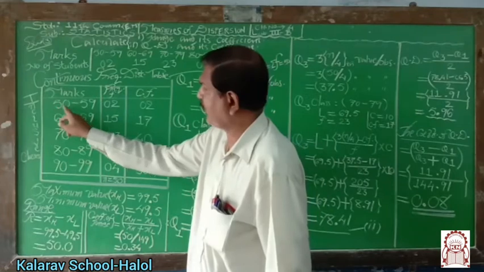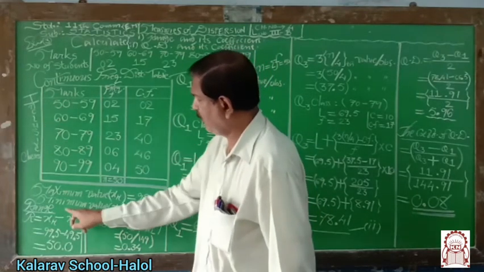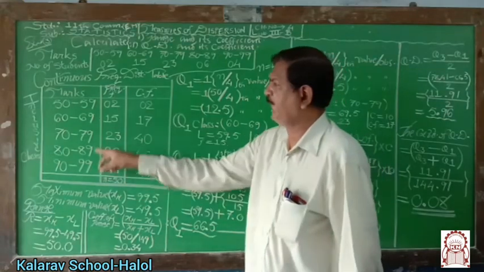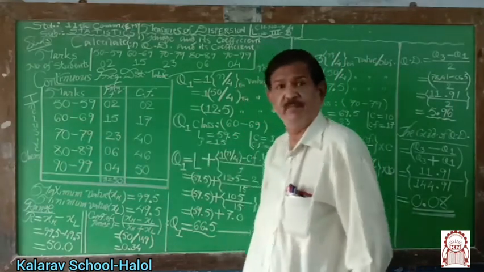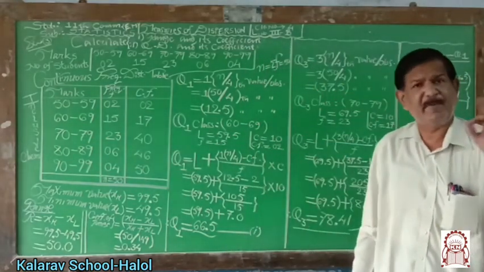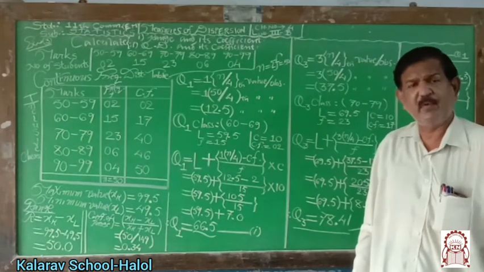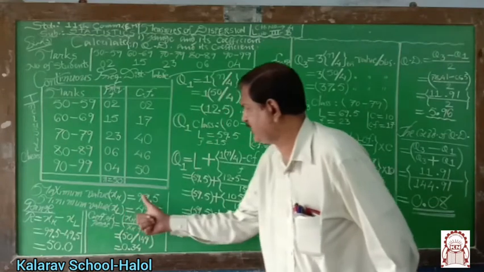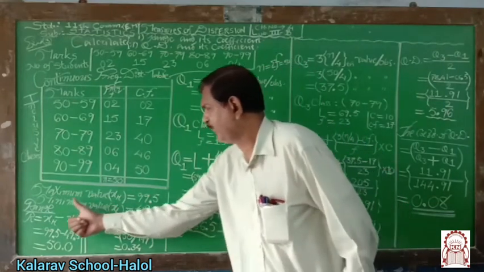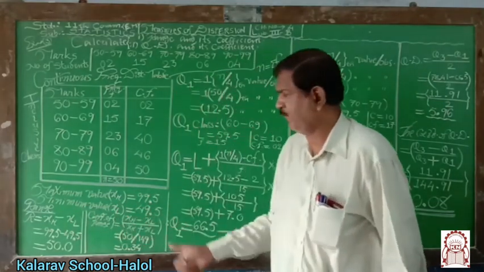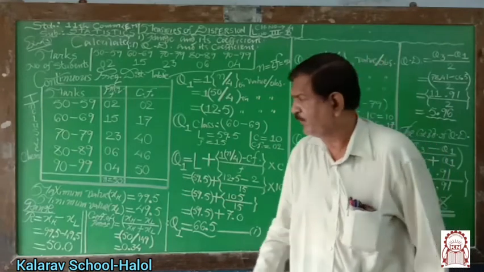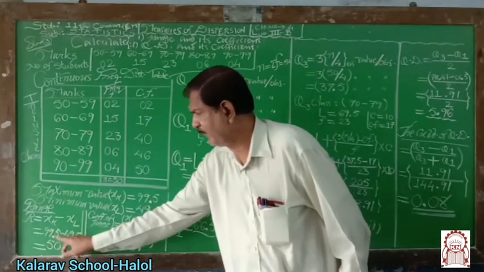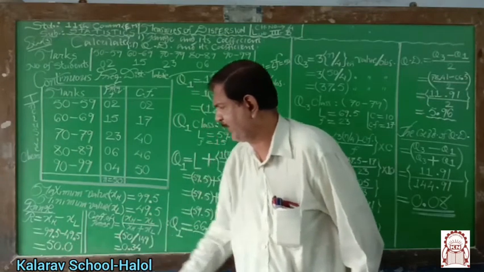For the lower limit, 50 minus 0.5 means minimum value 49.5. We add 0.5 in the upper limit and subtract 0.5 from the lower limit. Hence, maximum value is 99.5 and minimum value 49.5. As usual, the range is XH minus XL, 99.5 minus 49.5, which becomes 50.